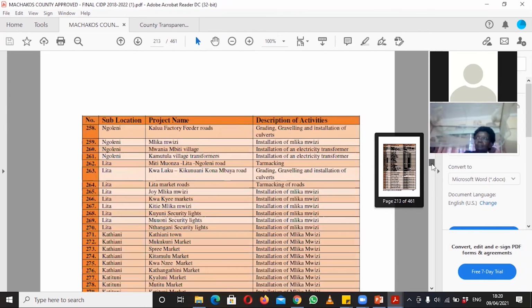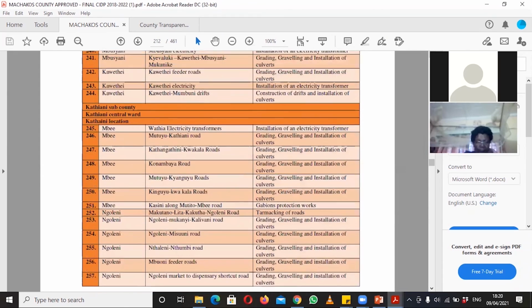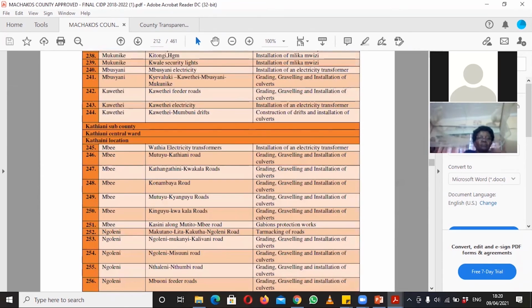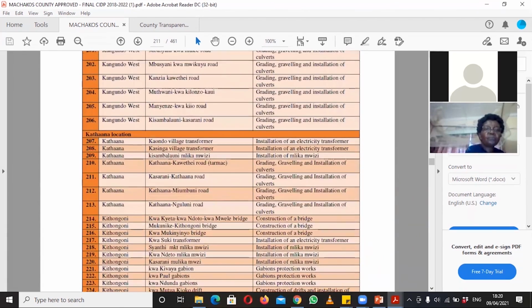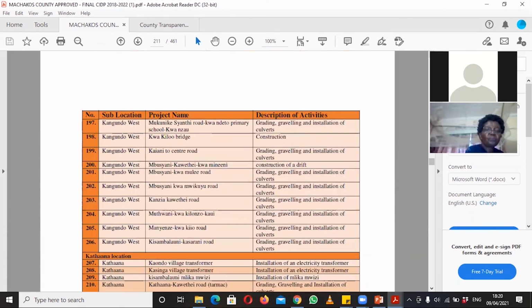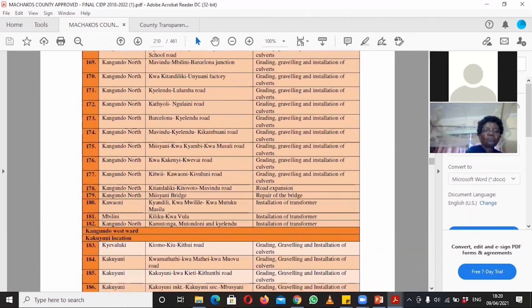And then there's also, you see now this one, they have broken it down. You see Kadhiani sub-county. So if you look, they have mentioned where the project is going to take place.